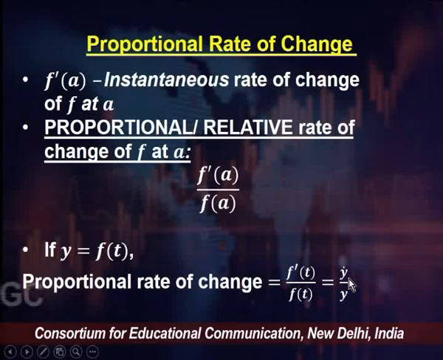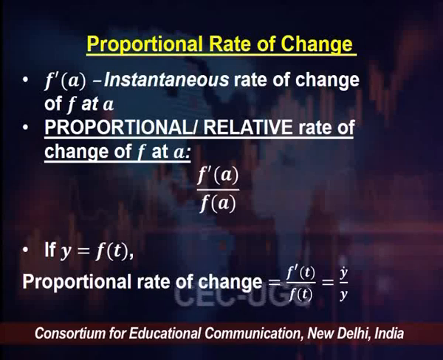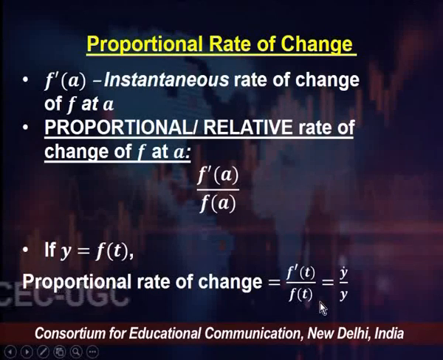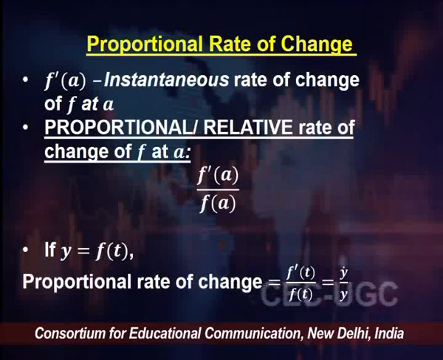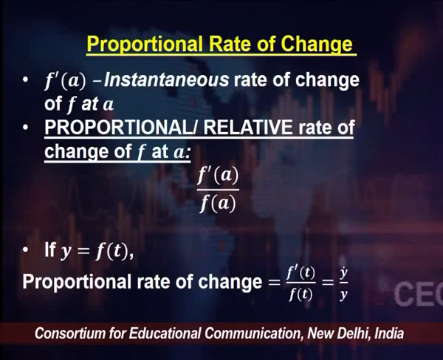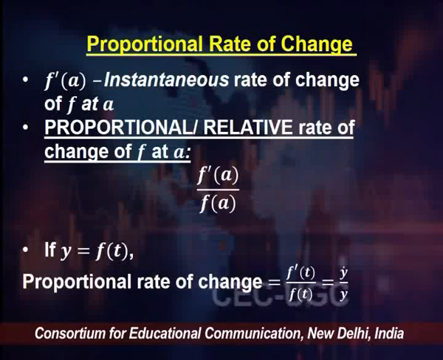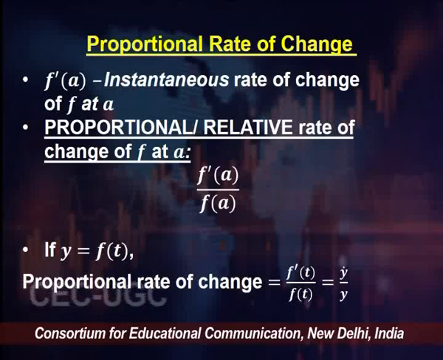In a discrete sense where you can't differentiate, that would be f of T2 minus f of T1 divided by T2 minus T1, because that will be your average rate of change, and that you divide by f of T1. Now, if you're talking of numbers from one year to another or one period to another, T2 minus T1 you can take here as 1. So that percentage rate of change that you calculate is basically reflecting your proportional rate of change in a sense.